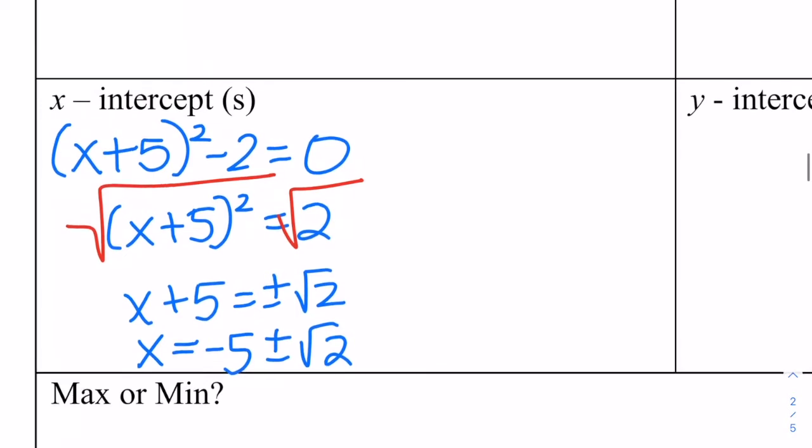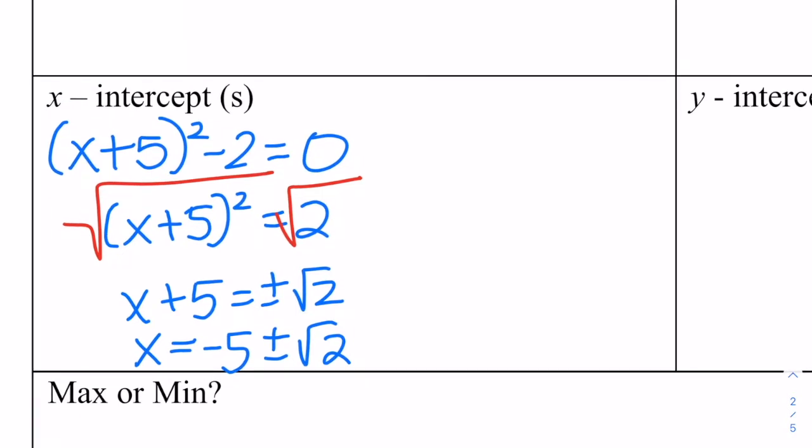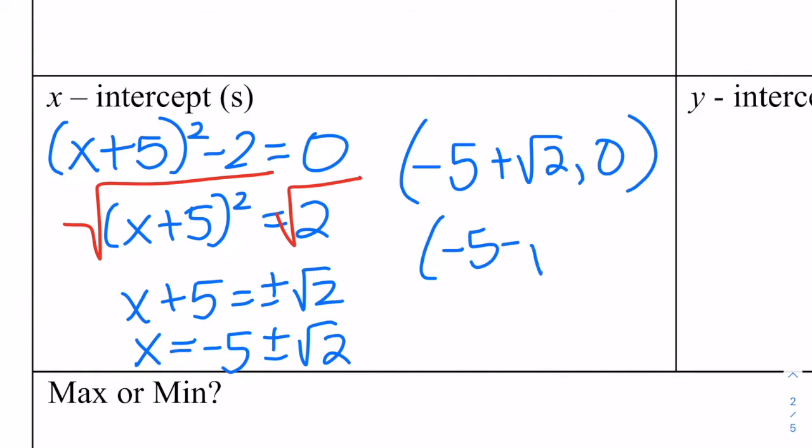Now those are the zeros, but if I'm going to write them as x-intercepts, it'll be negative 5 plus root 2, comma 0, and negative 5 minus root 2, comma 0.